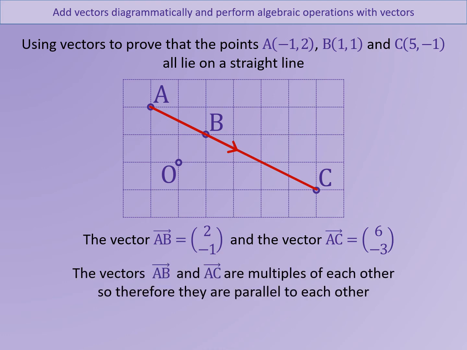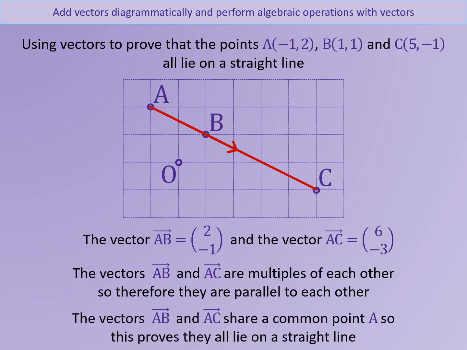Well, the vectors AB and AC are multiples of each other and therefore they are parallel to each other. The vectors AB and AC also share a common point. They share A in this case. And that is all we need for the proof. So we need both this piece of information and this piece of information in order for us to complete our proof.